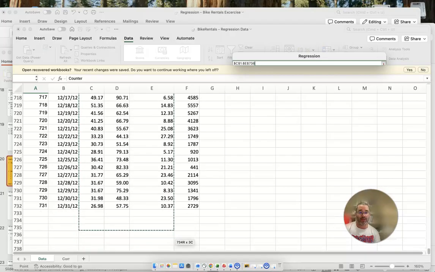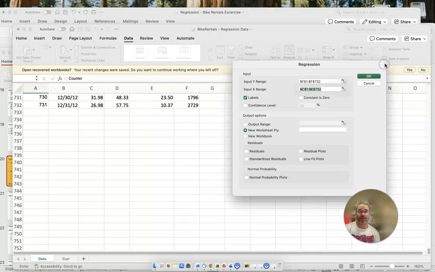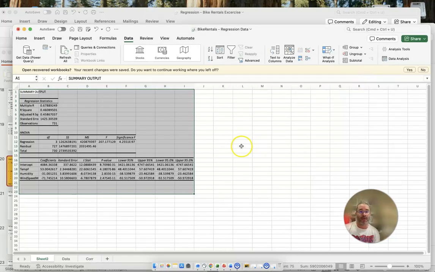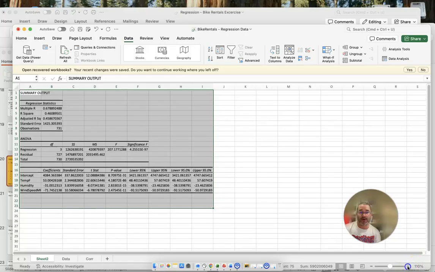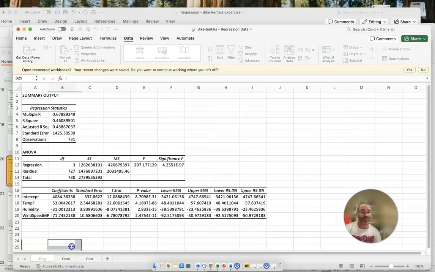And now we have everything we need for our regression equation here. Again, you want to check this labels box, and that way it'll show you which variable's which. I'll show you what I mean here in just a minute. You can hit OK. And here is our output. Maybe we name this one regression.